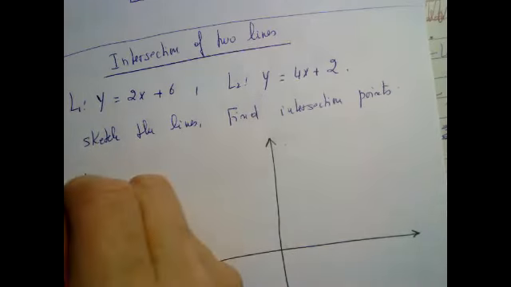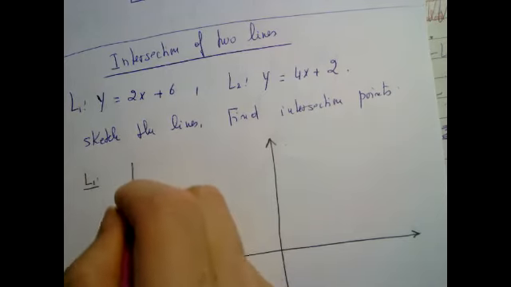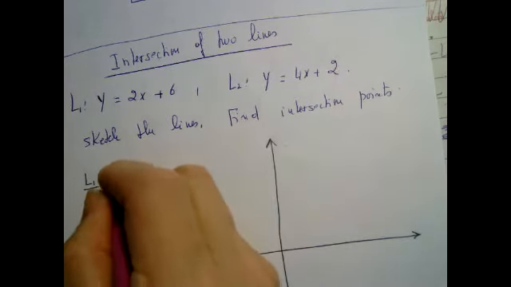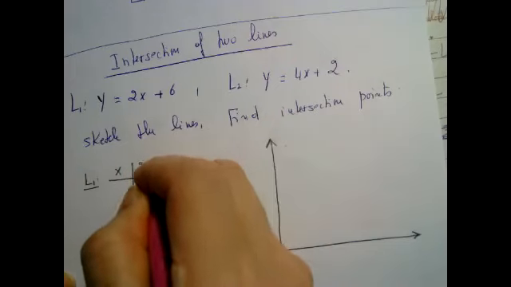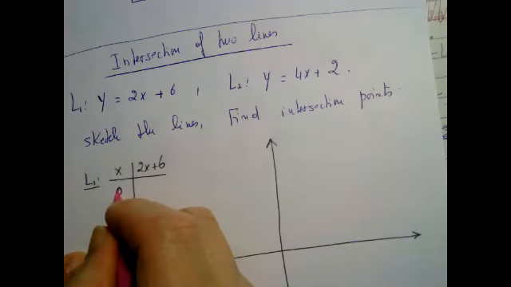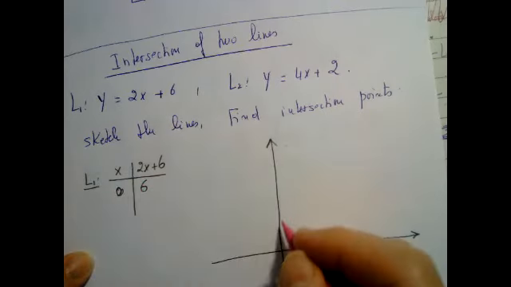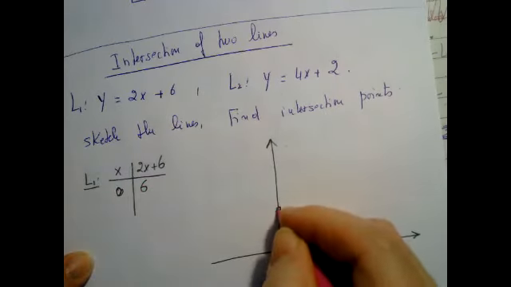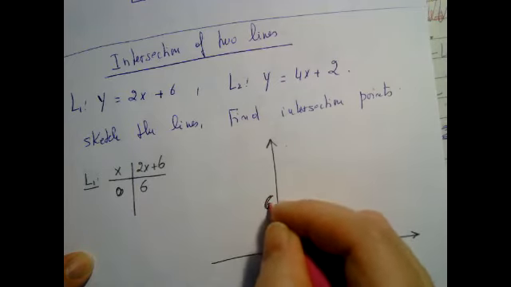So suppose the line L1, I want to sketch it. I'm going to pick 2 points. Of course, easy points. I never pick hard points. Easy point, if x is 0, this is 6. We always go after that because we all like to know the intercept. That's 6. So I have a point.